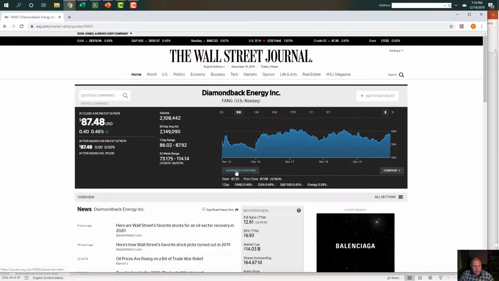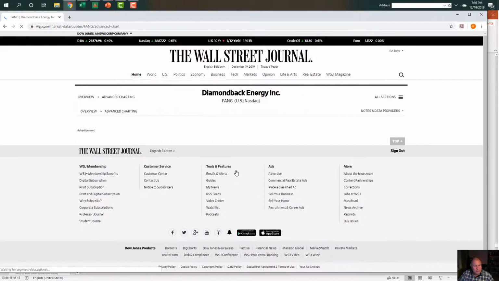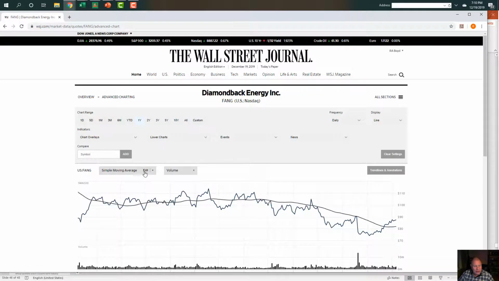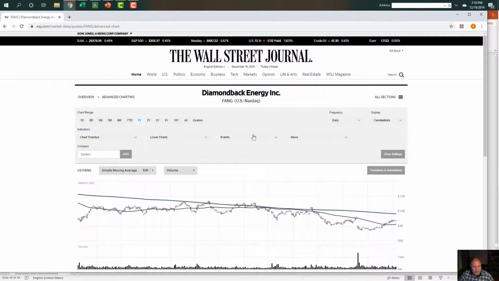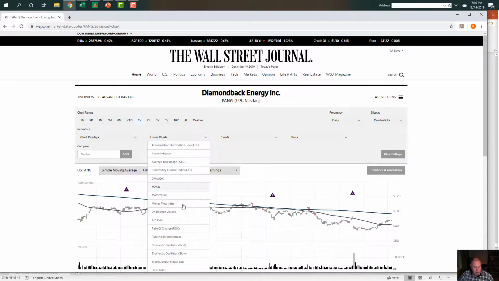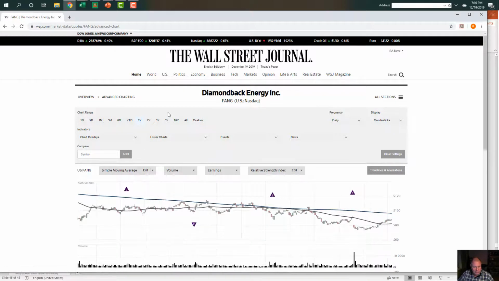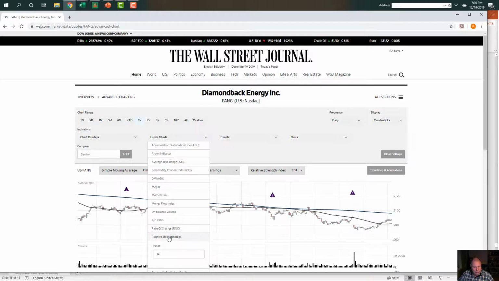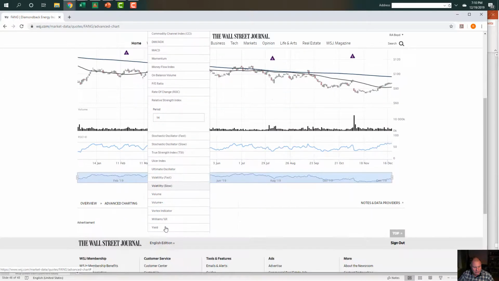We're going to go to the advanced chart once again, make it candlesticks, and add in a 200-day moving average. Let's add in the events, put in earnings, and for the lower charts, put in the relative strength index and the volume.